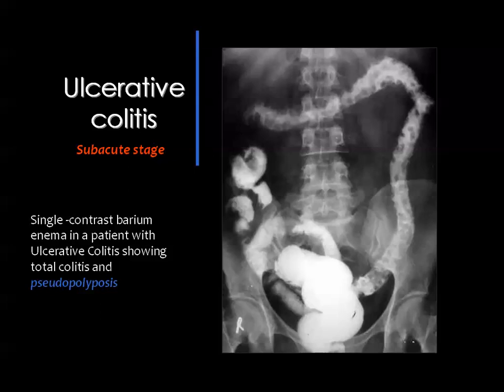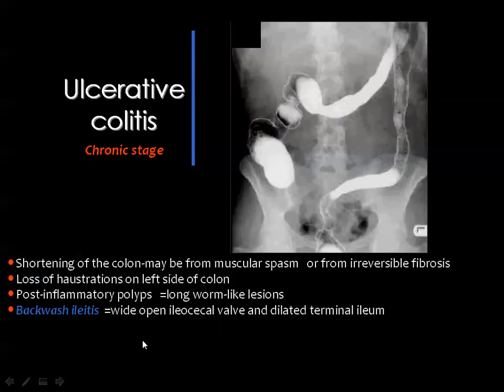And here you see there is diffuse affection of the colon by ulcerative colitis. The colon has the pipe stem or lead pipe appearance, and you can see these filling defects, which are known as pseudopolyps, due to hypertrophy of the normal mucosa to compensate for the function of the diseased mucosa.